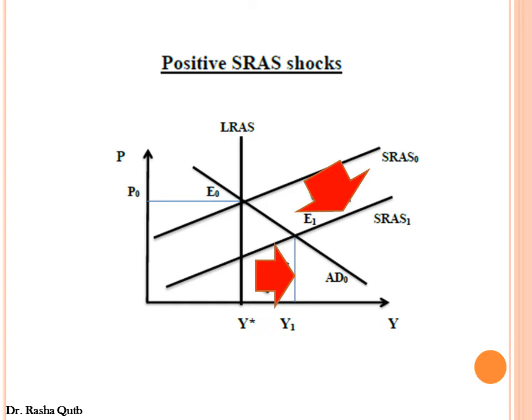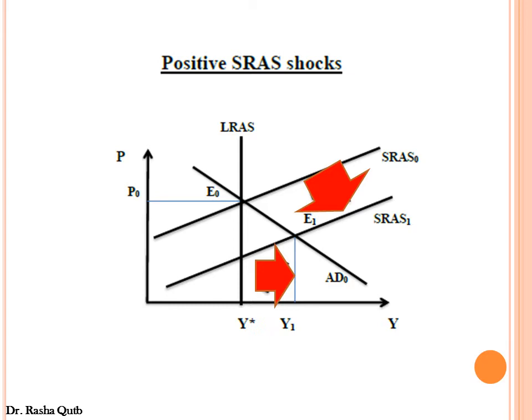Of course, while studying, I must know that the short-run aggregate supply curve is affected by two factors. The whole curve is affected by two factors, productivity and the input prices. A positive shock means that we have either enhancement in productivity or reduction in input prices.